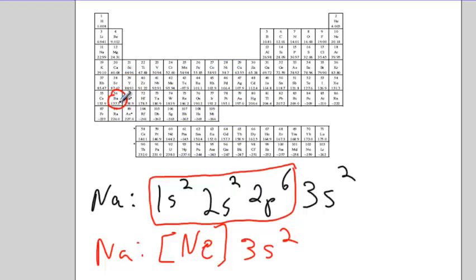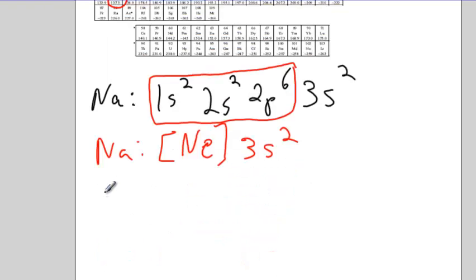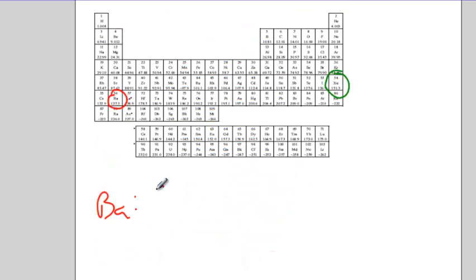The nearest noble gas without going over is xenon, number 54. And remember, I can't use the one after it. I have to use the one before it.